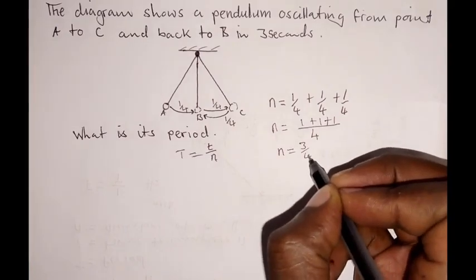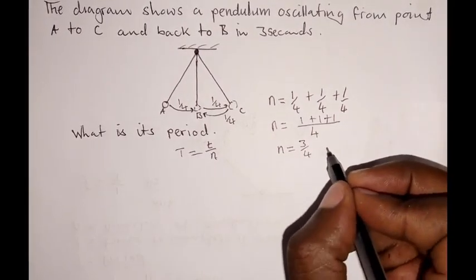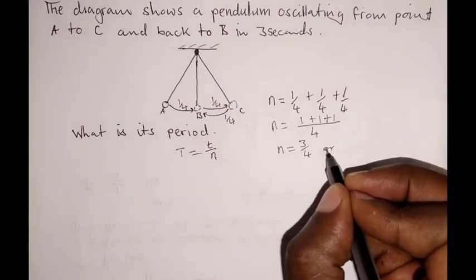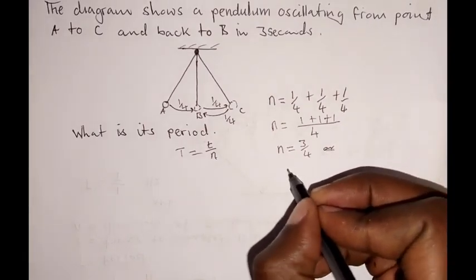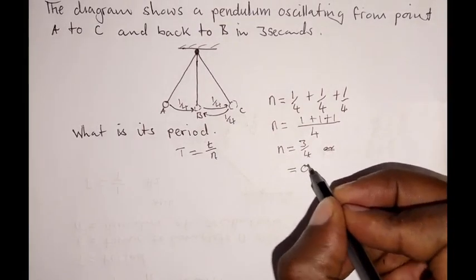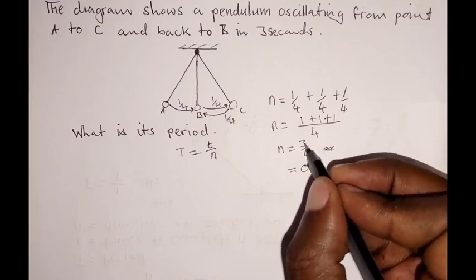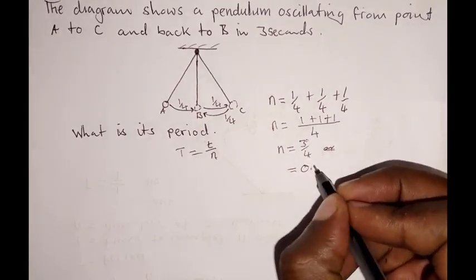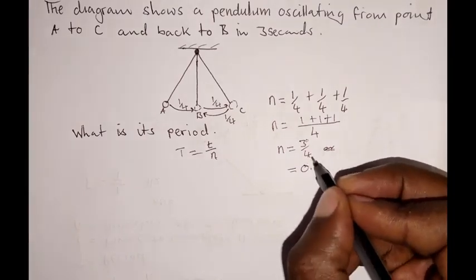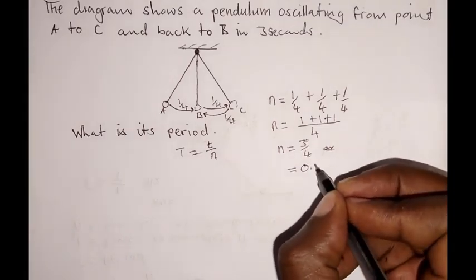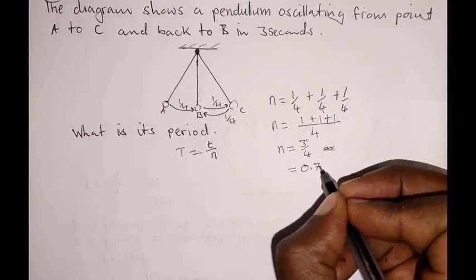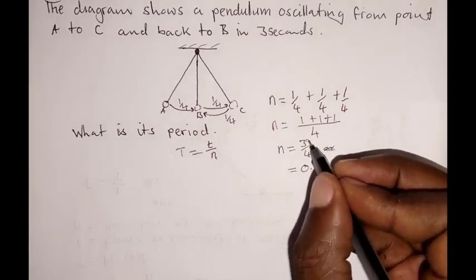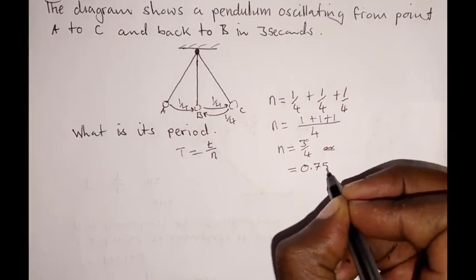Having n equal to 3 over 4, which is also 3 divided by 4, how many times can 4 go into 3? Just write it here. 4 into 3 is 0, put the point, then 4 into 30 is 7, remainder 2. 4 into 28 is 7, remainder 2, then 4 into 20 is 5.